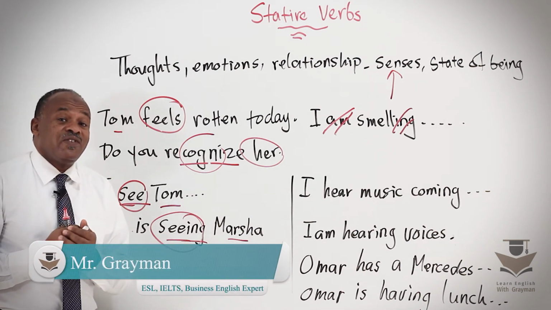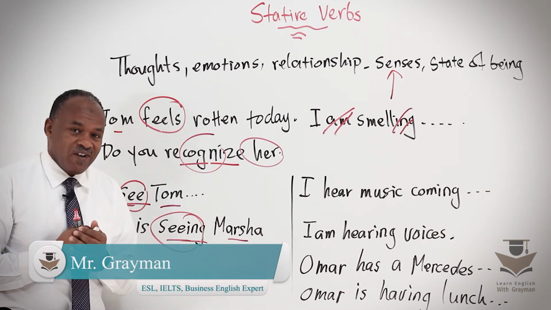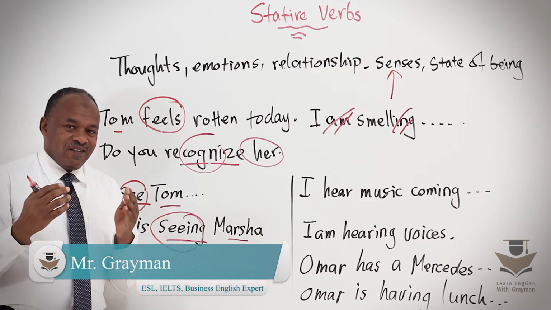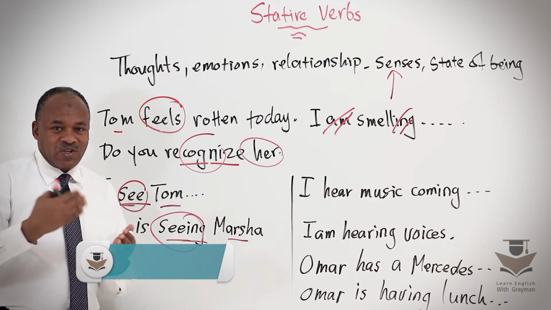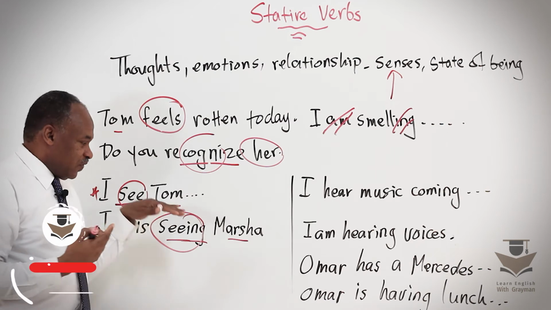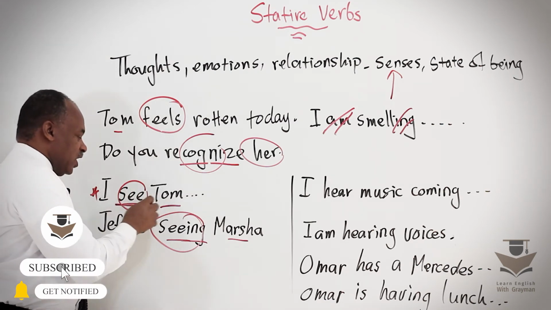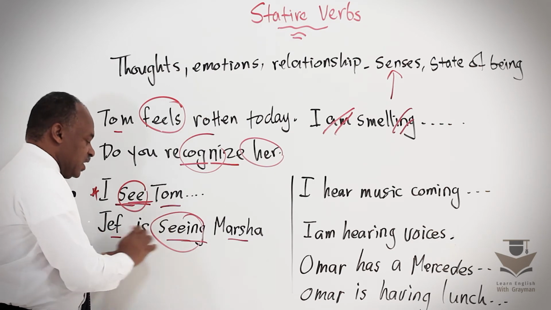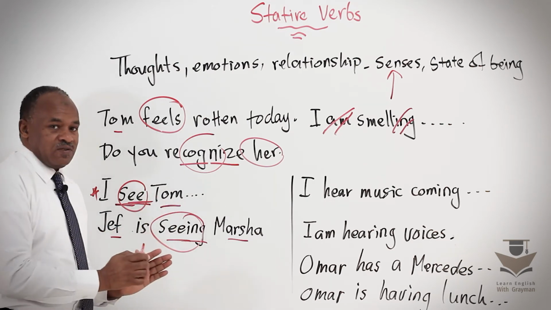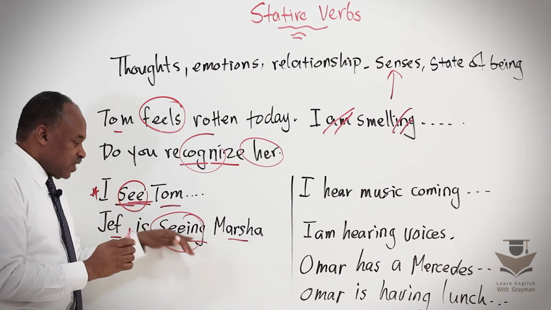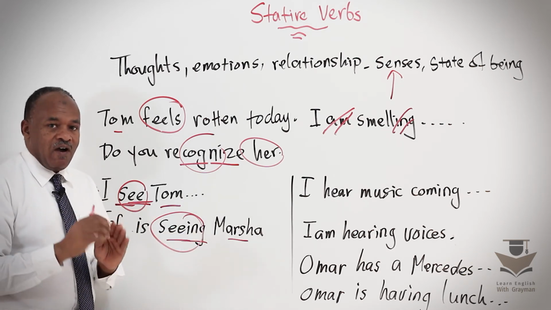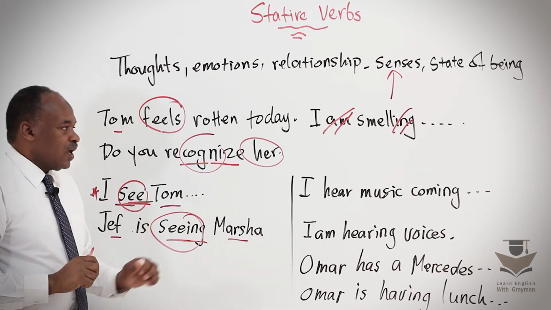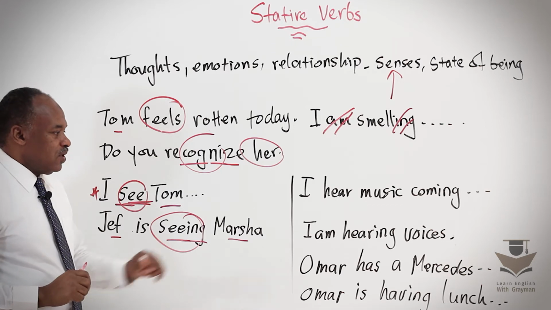That means Jeff is dating Marsha. Okay? He is dating her. So when it is here, we cannot say I am seeing. But here we say he is seeing, and then the meaning changes. Some verbs accept ing with a different meaning. Others do not. Let's look at one more example.